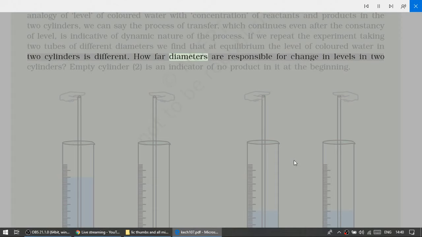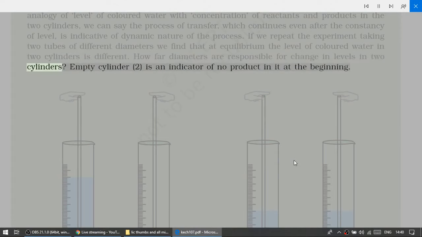How far diameters are responsible for change in levels in two cylinders? Empty cylinder 2 is an indicator of no product in it at the beginning. Fig. 7.3 demonstrating dynamic nature of equilibrium. A. Initial stage. B. Final stage after the equilibrium is attained.